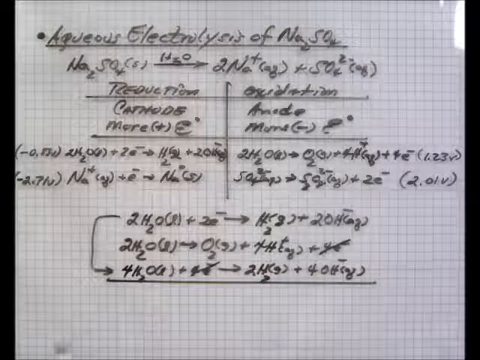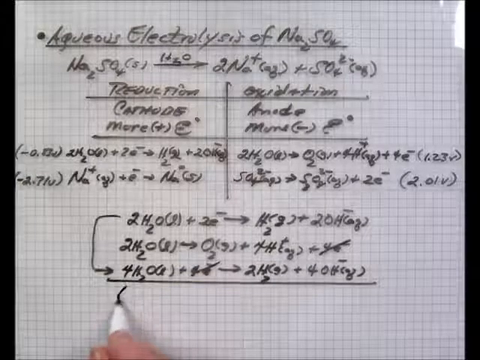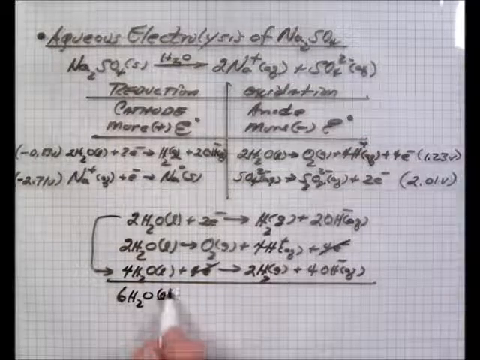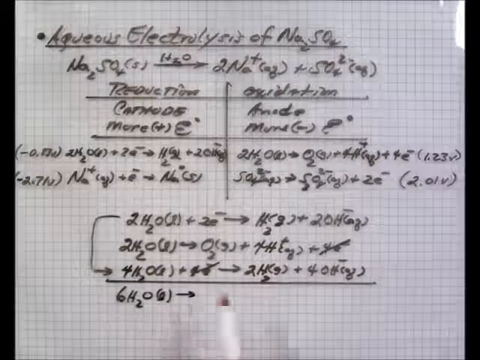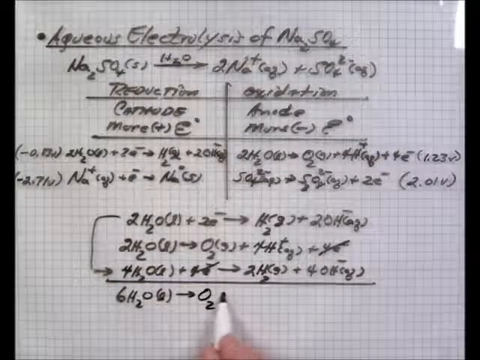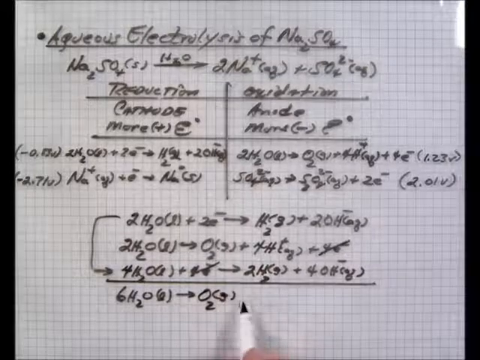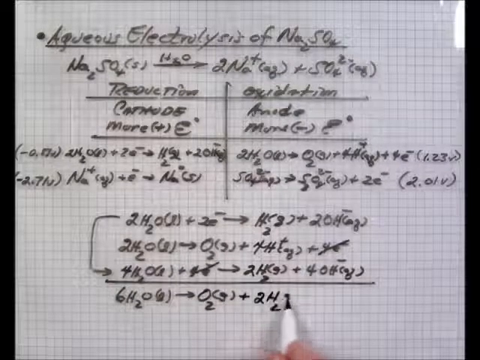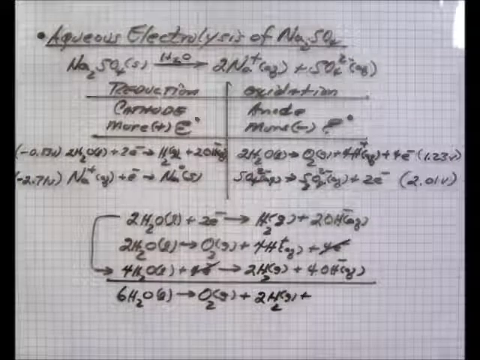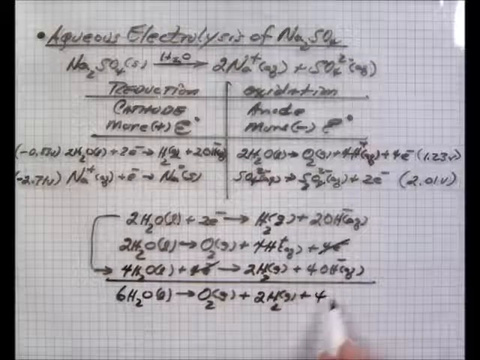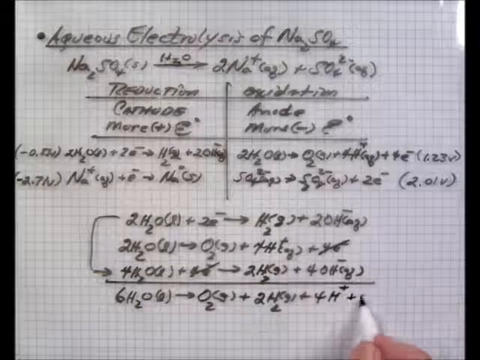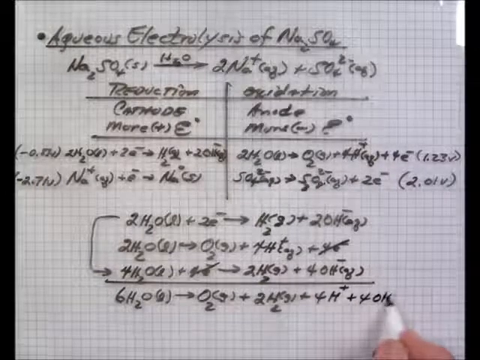Then we'll add everything together. Well, this shows 6 moles of water on the reactant side, and this goes to 1 mole of oxygen gas plus 2 moles of hydrogen gas, like that. Okay, plus 4 moles of hydronium ions, plus 4 moles of hydroxide.